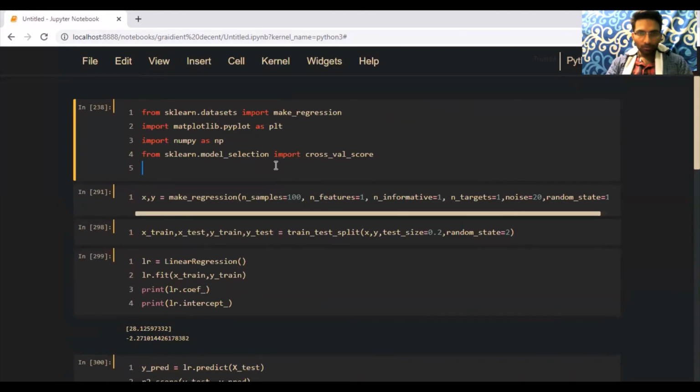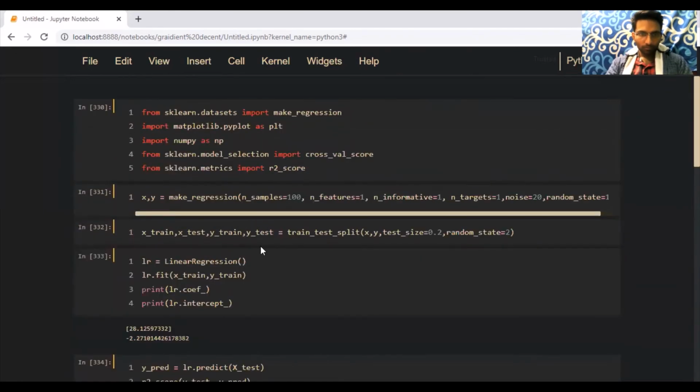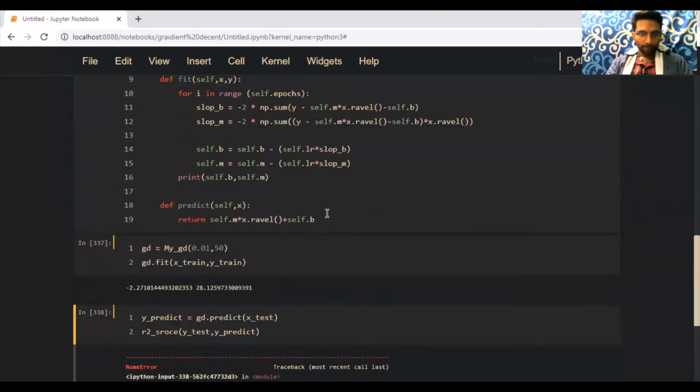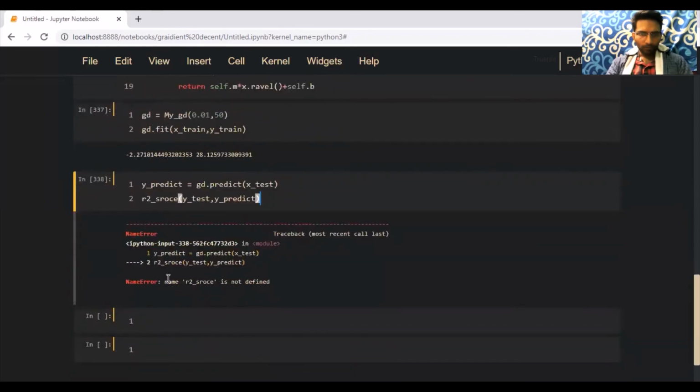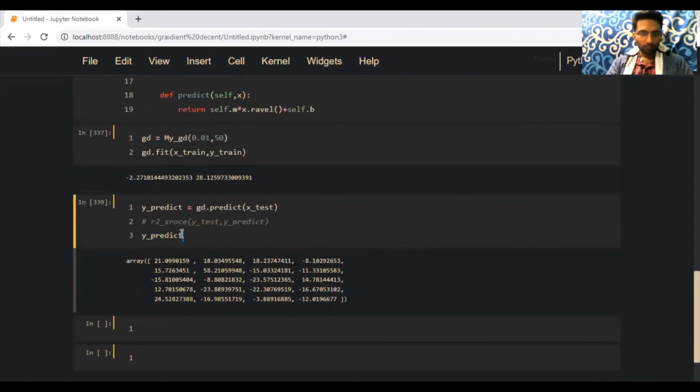Where has it gone? I need to import it. Now it is still saying R2 score is not defined. I'm using the wrong spelling now.